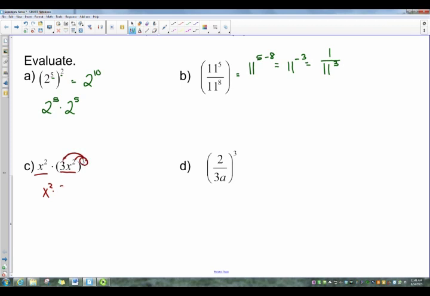So 3 cubed is 27. And I've got x squared cubed. Now again, because those things are power raised to a power, we're going to multiply and end up with x to the 6th. And then finally, I have x squared times x to the 6th. That's where we add the exponents because they're being multiplied together. So I've got x to the 8th, and then the 27 goes on there as well, and there's your final answer.